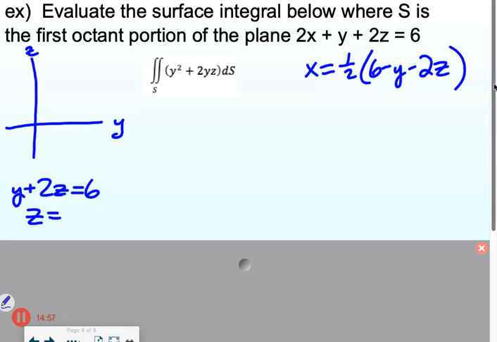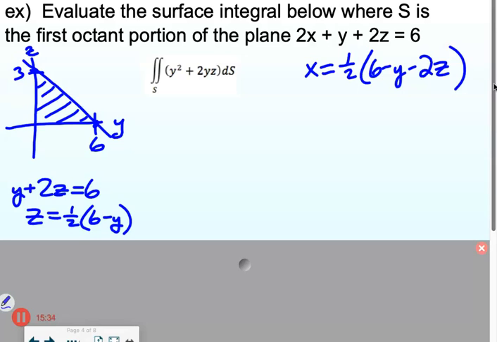So z equals 1/2 times 6 minus y, so it's 3 minus 1/2 y. This would be 3 this way, and this would be 6 that way. There's our triangle. I did my math right? I think I did.